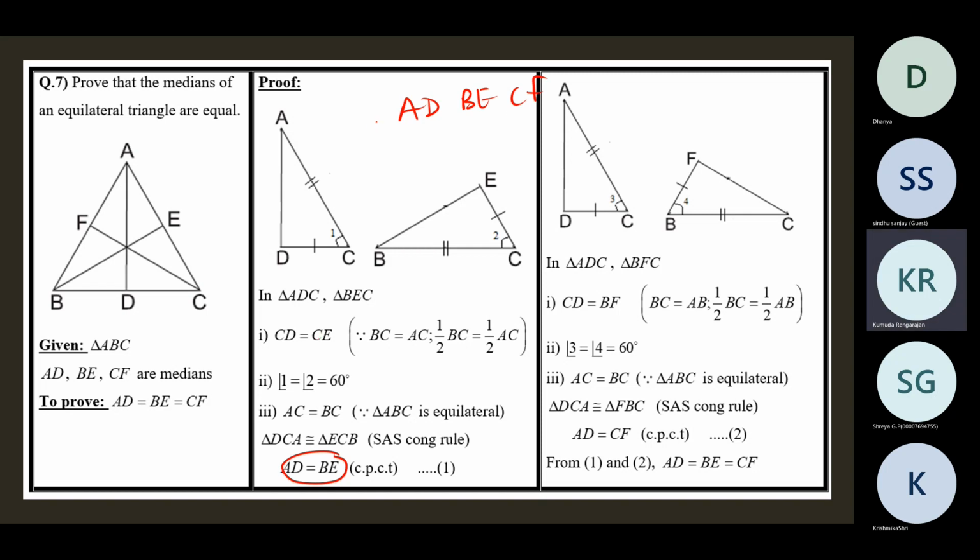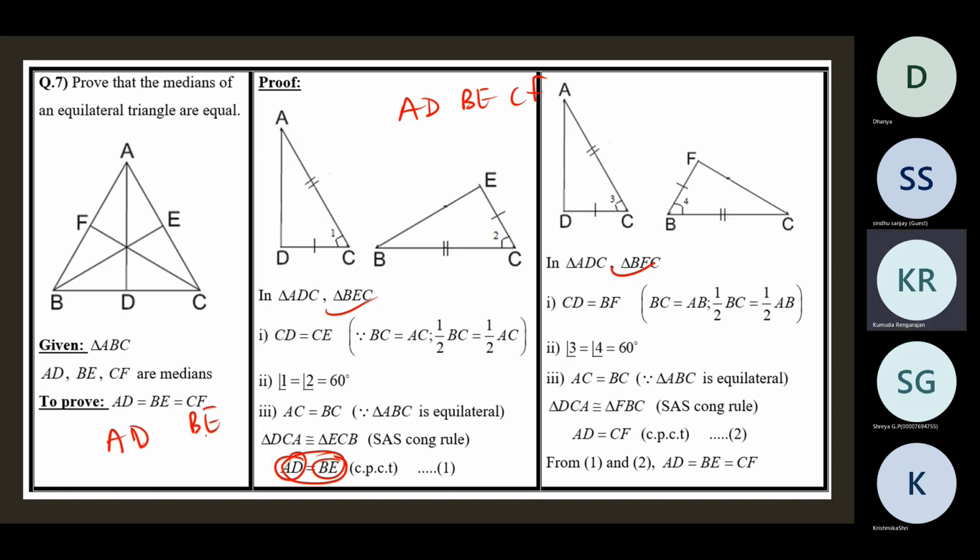You can take different triangle combinations, children. This is not the only way. Please explore with that. It's not a standard thing that you have to take only these two triangles. I have taken one triangle which has AD and another triangle which has BE.